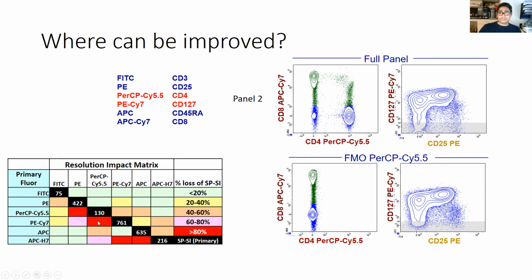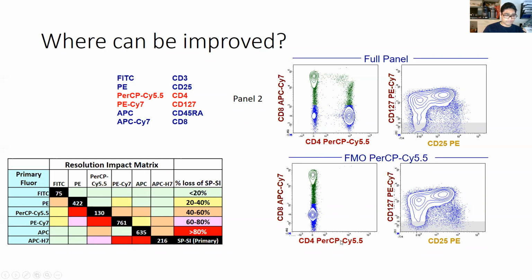That means these 2 colors cannot be used together in the same cell. This affects CD4 and CD127, which we are using together in the panel. So then we do an FMO. We don't stain the cells with CD4, but stain everything else. That's called an FMO for CD4.